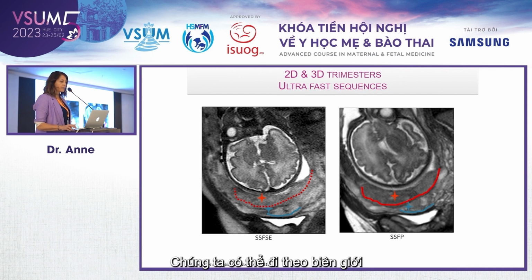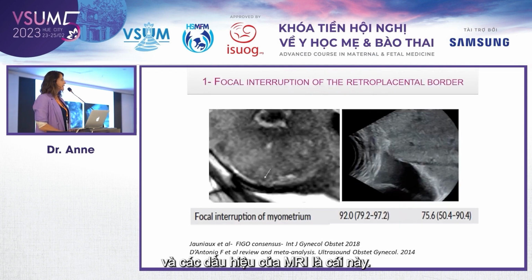So we can follow the border between the placenta and the myometrium, and the signs and the semiology of MRI are these. We have 5 main signs that we have to look for to make the diagnosis of placenta accreta.